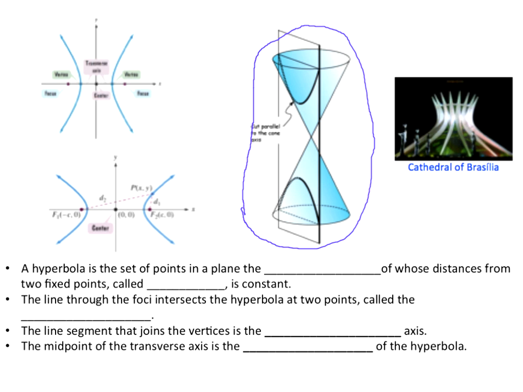You can see that we start off with those right cones, and then the plane comes through and cuts both the upper and lower cones to create these hyperbolas.